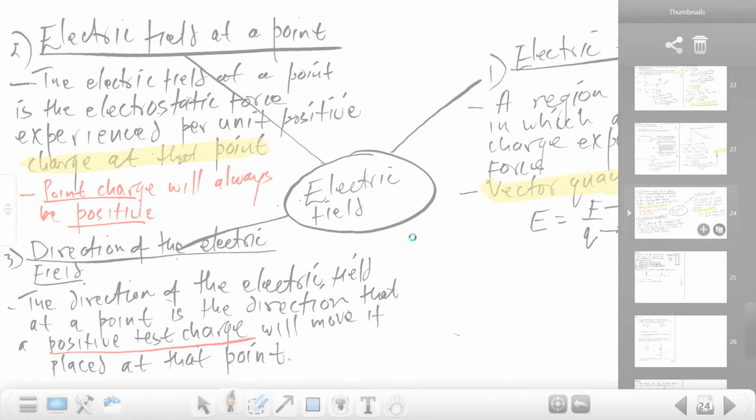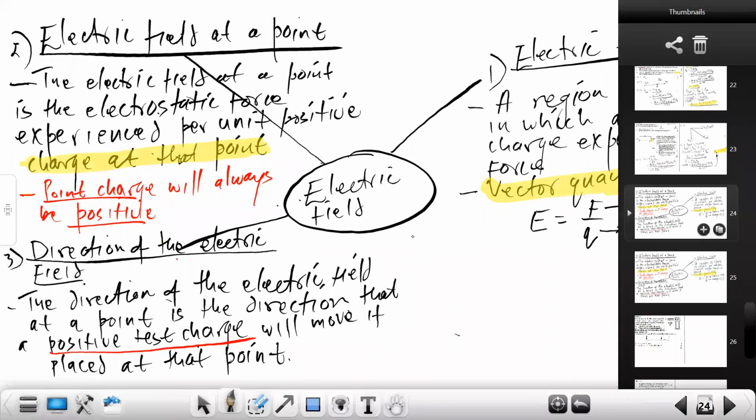While we wait for the computer to respond, I hope so far everything is fine and we fully understand how to approach electric field. It's not a complex concept.